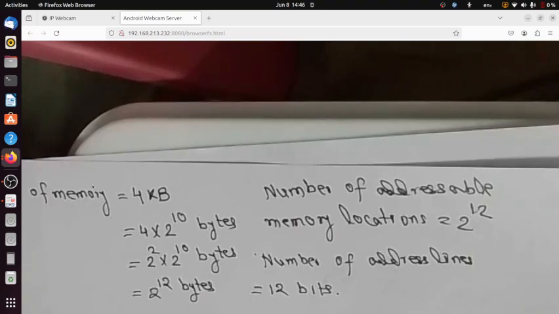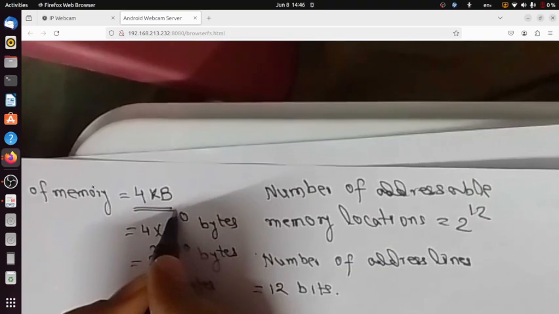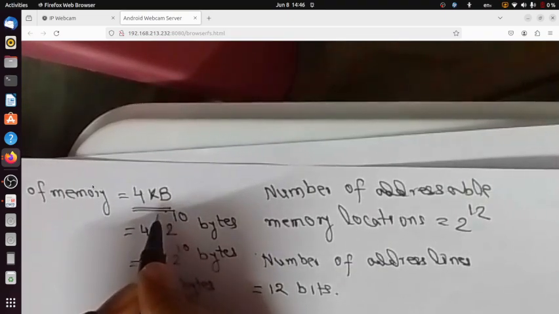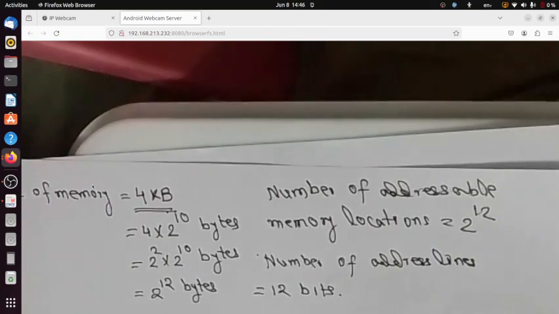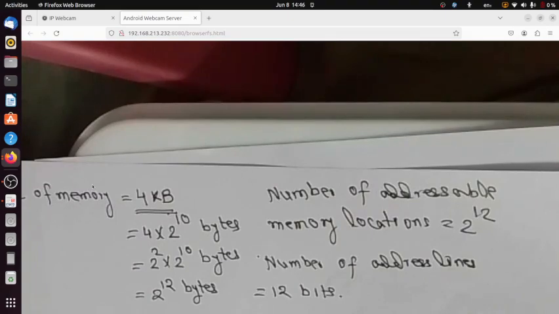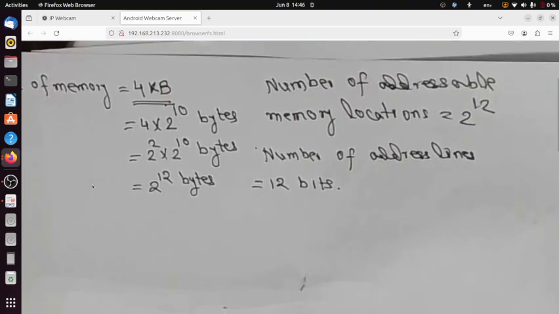Now this memory is 4 KB, which is realized using 4 1 KB memory blocks. So there will be 4 blocks and each block size will be 1 KB. In this way the total 4 KB memory is realized.